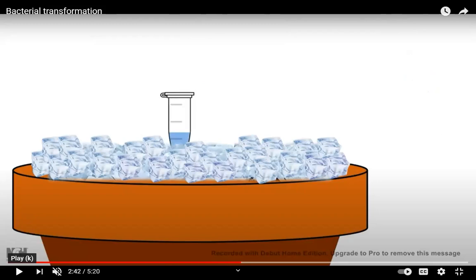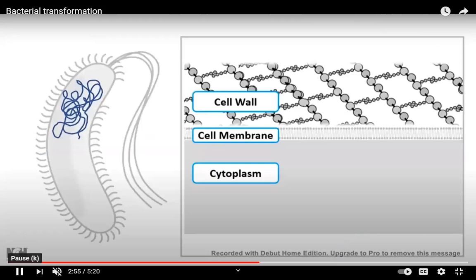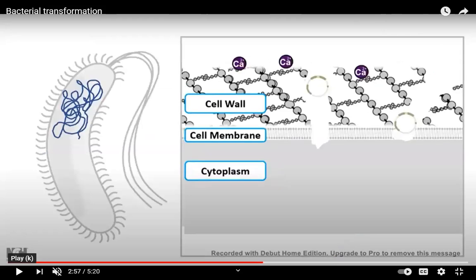Hopefully in this process, because the membrane was opened up, the bacteria took in the plasmid, the inserted gene that we wanted it to have. Now, this is something that happens to bacterial cells. You can see from this process, it's not going to be as easy.